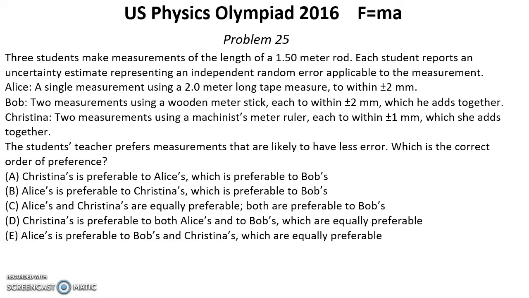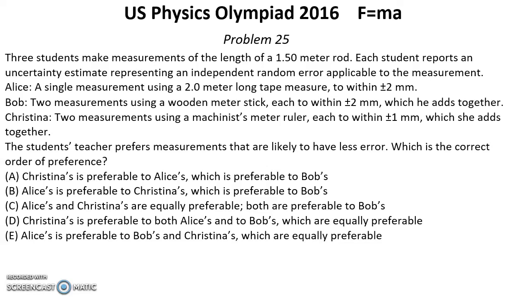Bob: two measurements using a wooden meter stick, each to within ±2 millimeters, which he adds together. Christina: two measurements using a machinist's meter ruler, each to within ±1 millimeter, which she adds together.